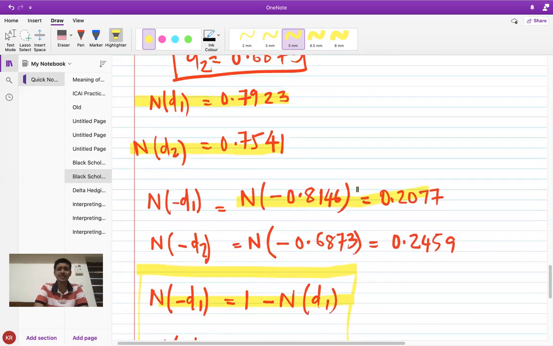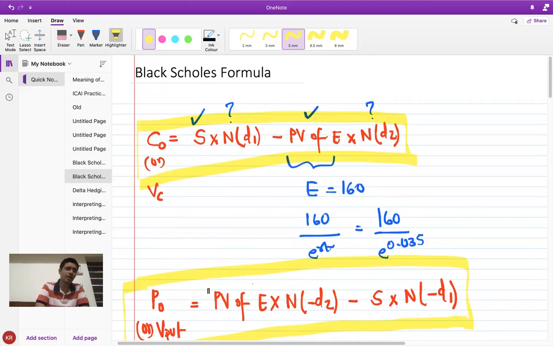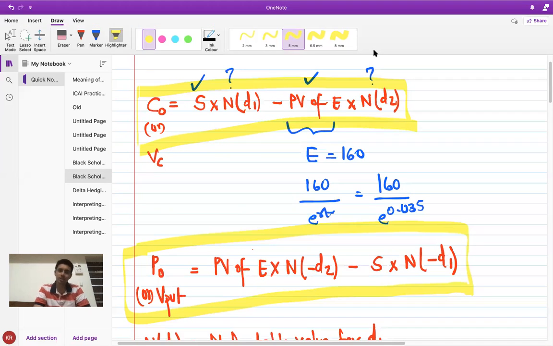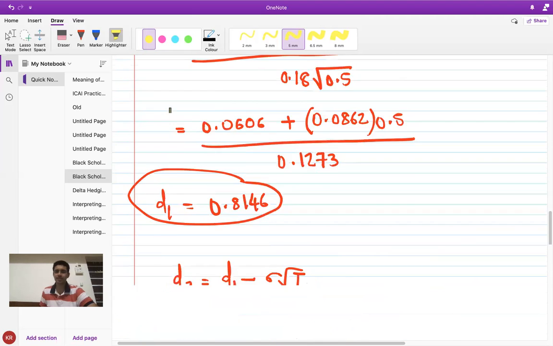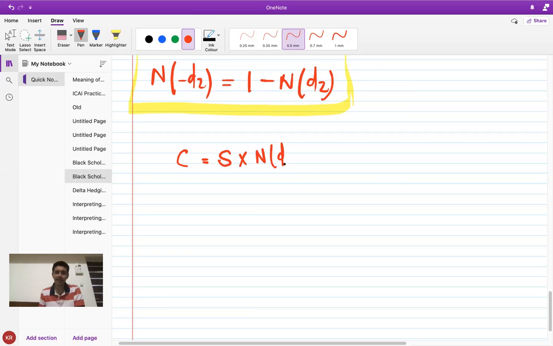Now we have all the inputs that are required for valuing the call option and the put option. So let us put in the facts that we had and calculate the value of a call option as per the Black-Scholes method. The value of a call option is S into N(d1) minus present value of exercise price into N(d2).